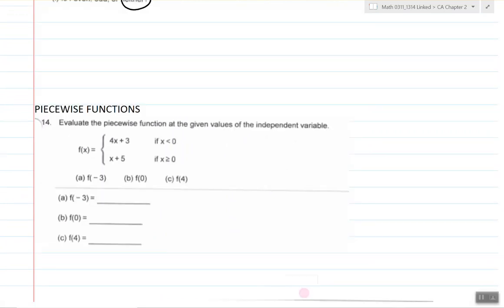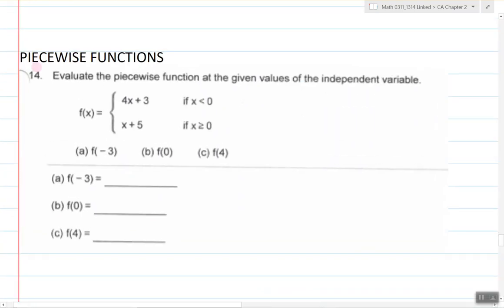All right, a few more topics dealing with functions. We're going to look at something called a piecewise function. A piecewise function is a function that has been broken into different definitions for different parts of its domain.